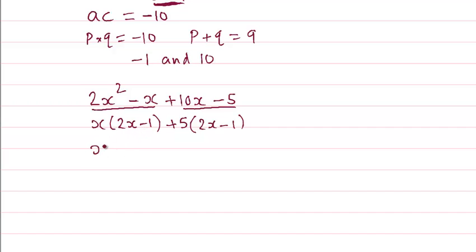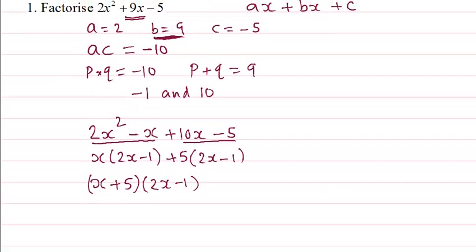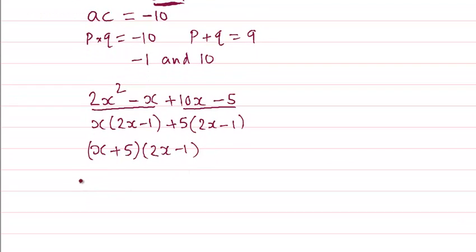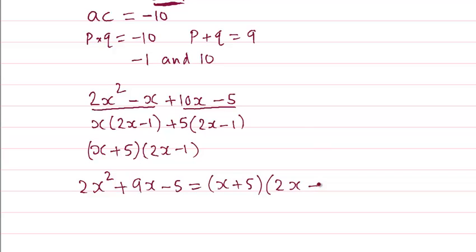So now we write x plus 5, then we write this common bracket 2x minus 1. So therefore 2x squared plus 9x minus 5 factorizes into x plus 5 times 2x minus 1.